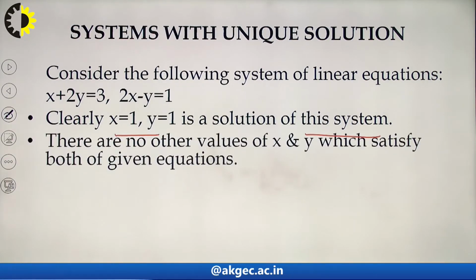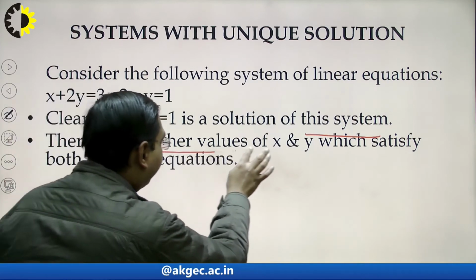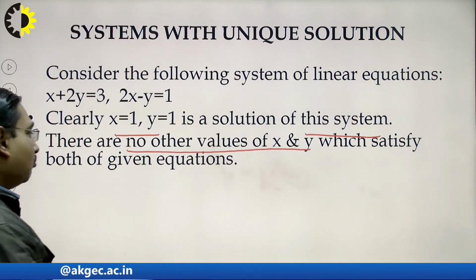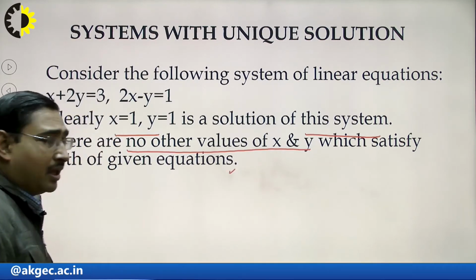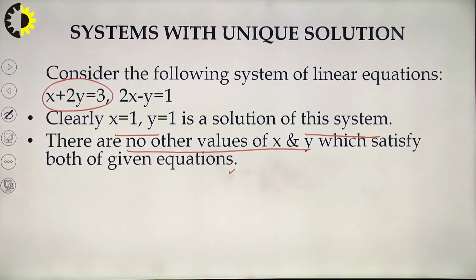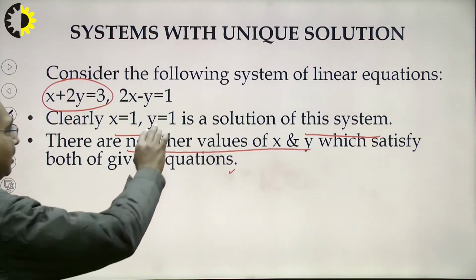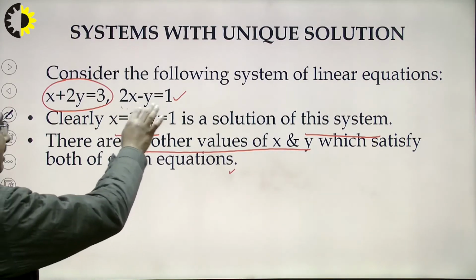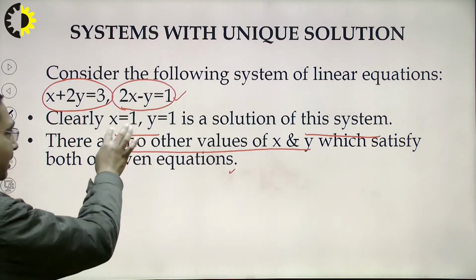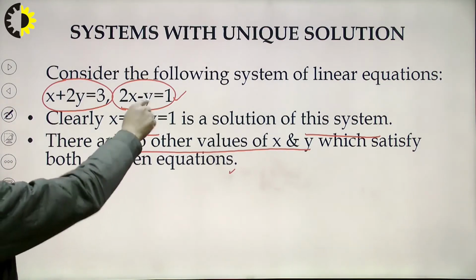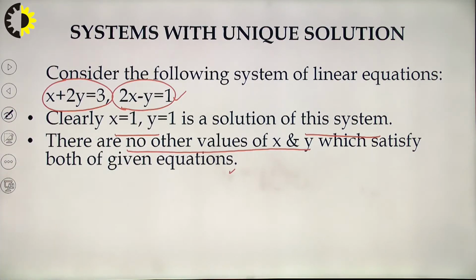It can be seen that there are no other values of x and y which satisfy both of the given equations. If I choose some values satisfying the first equation, then those values will not satisfy the second equation, and similarly, if I choose some other values different from x equals 1, y equals 1 satisfying the second equation, then those values will not satisfy the first equation.